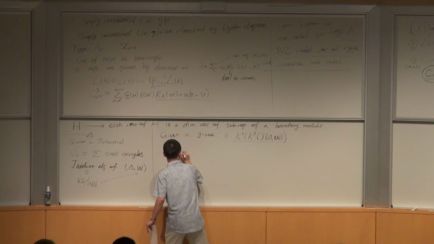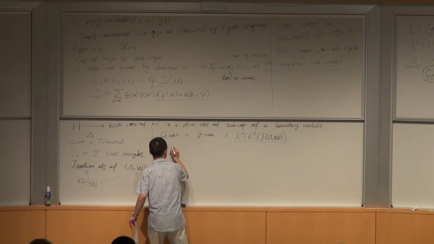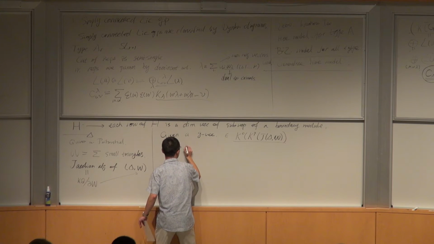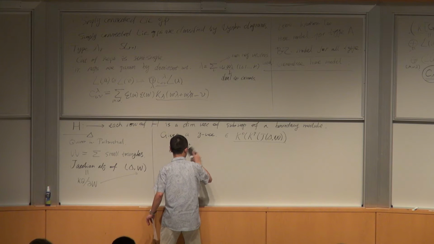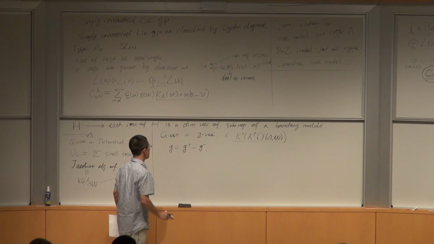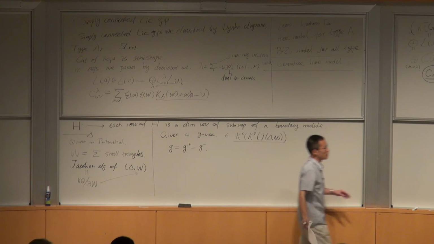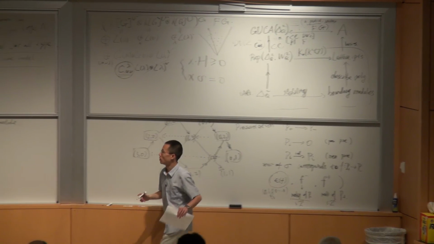Given the g-vector g, I can decompose it into g plus minus g minus. This is going to be the multiplicity of our presentations.